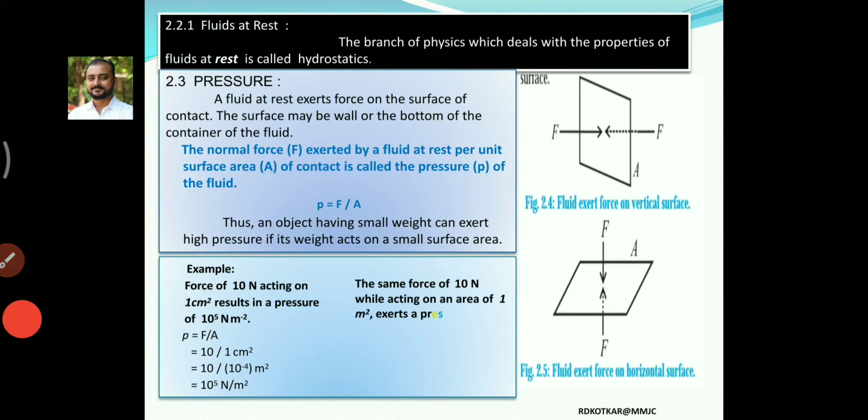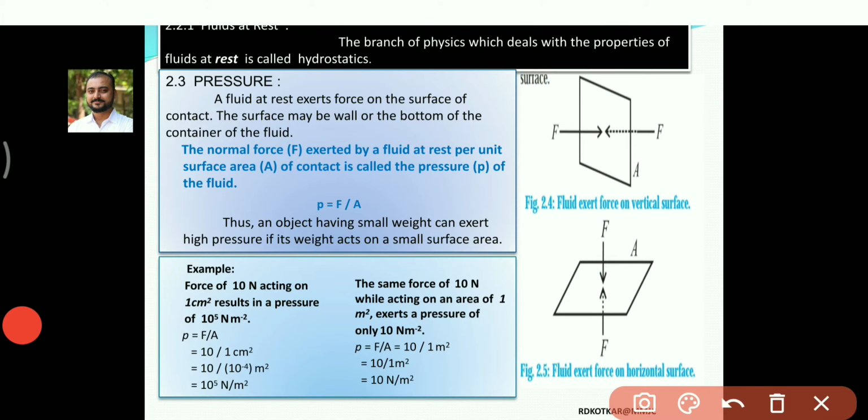Then we consider here the same force of 10 Newton. Now the force is the same, but the area is increased: acting on an area of 1 meter square, it exerts a pressure of only 10 Newton per meter square. Now you can observe here, the force is the same in both cases, with area 1 centimeter square in one and 1 meter square in the other.